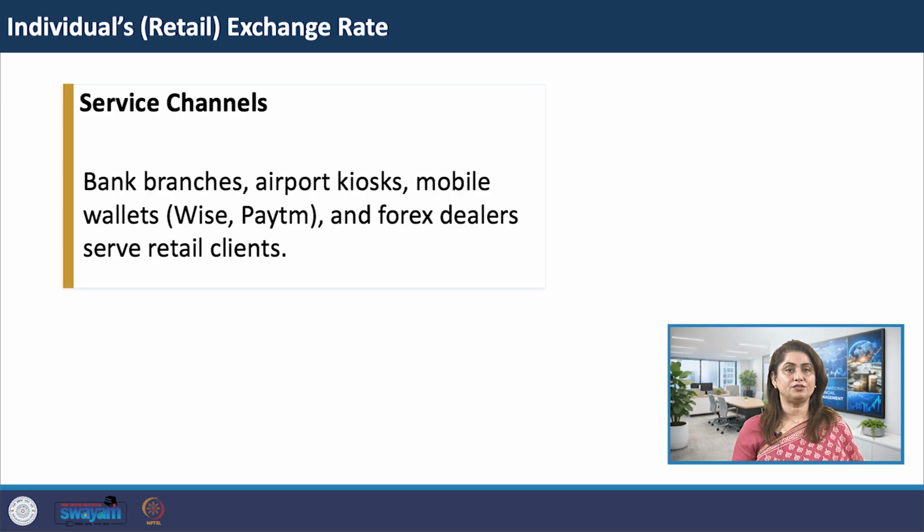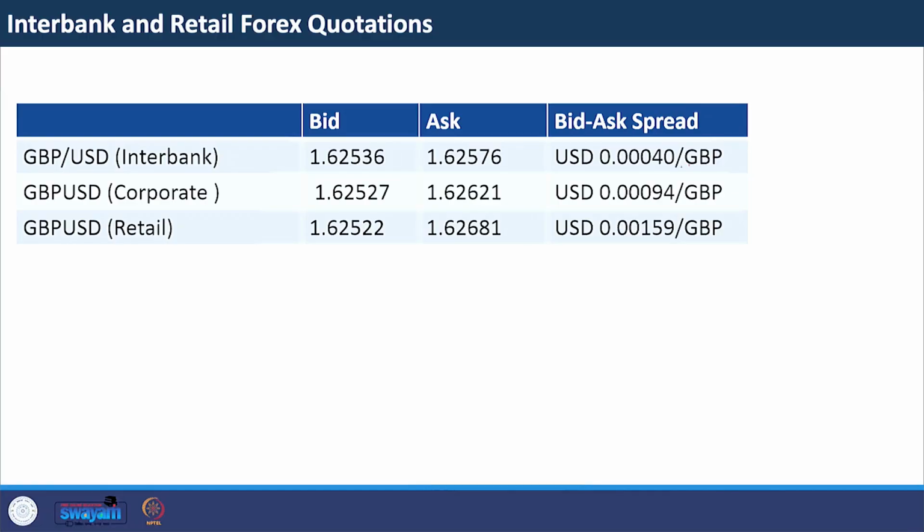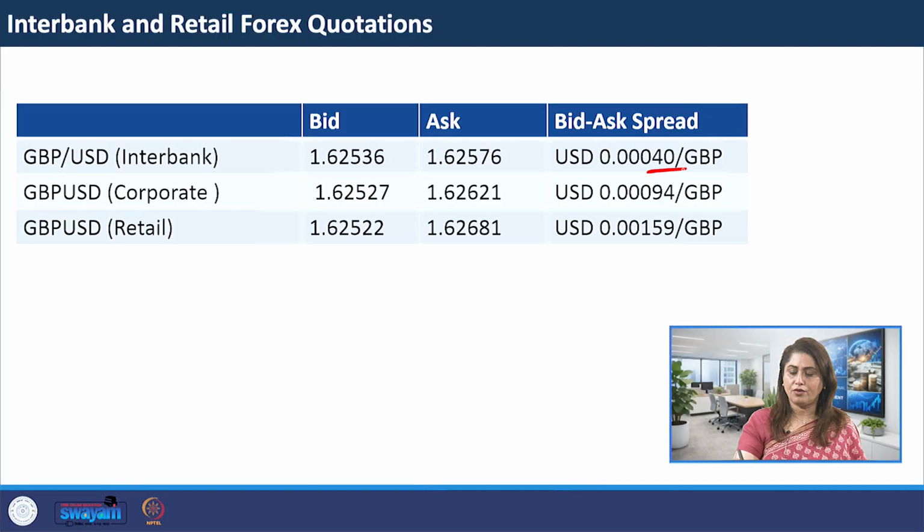So, the retail exchange rate depends not only on the customer type but also on the service channel through which the transaction takes place. Now, we can see here that the interbank spread is just 40, then it has increased to 94 for corporates, and then wider for retail customers.